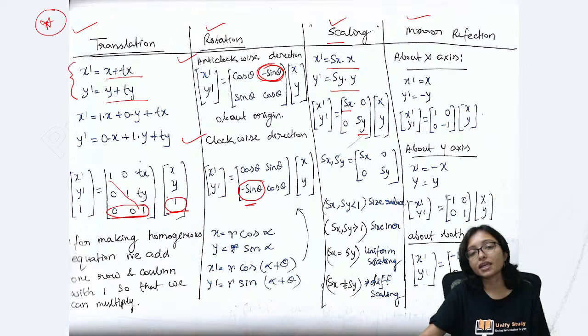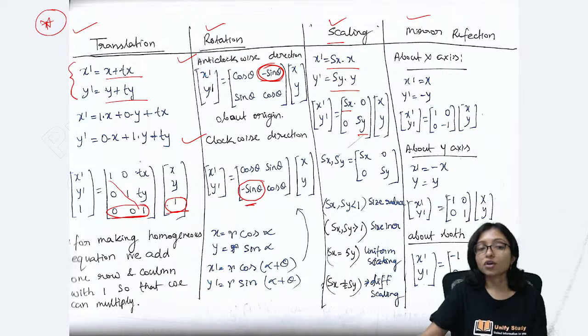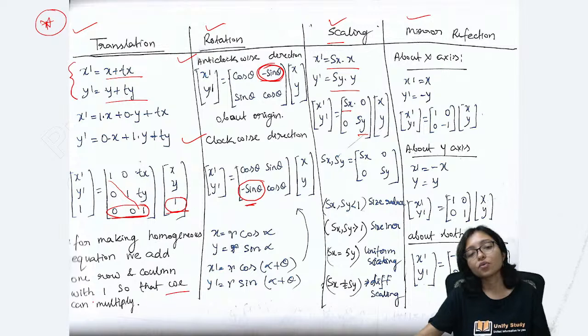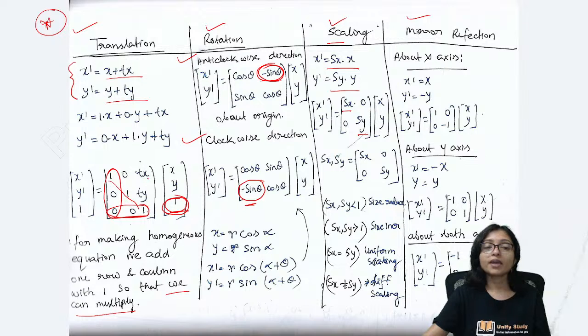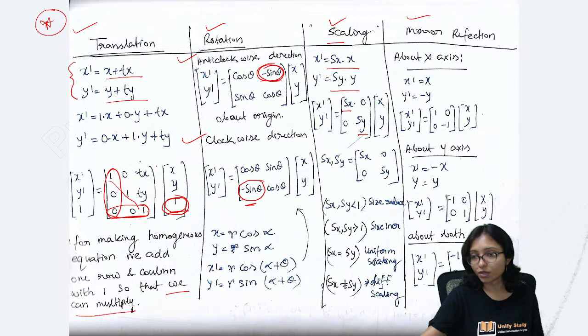We add one row and one column with 1 to multiply with this. That is the extra addition. Here also we add this to make it a homogeneous transformation.